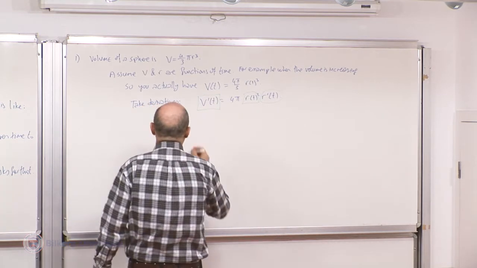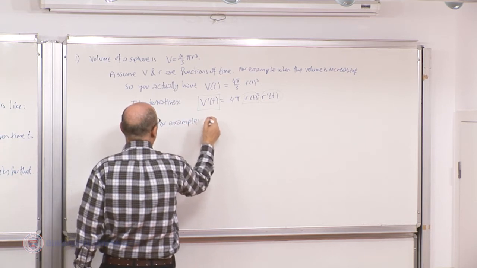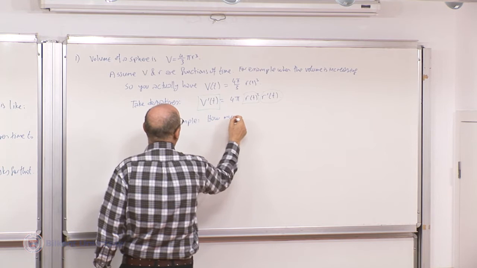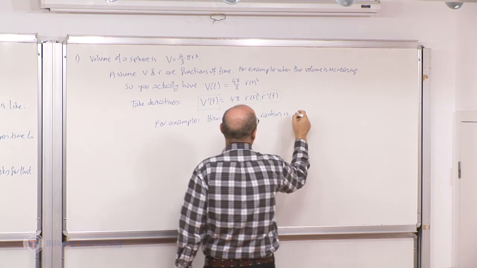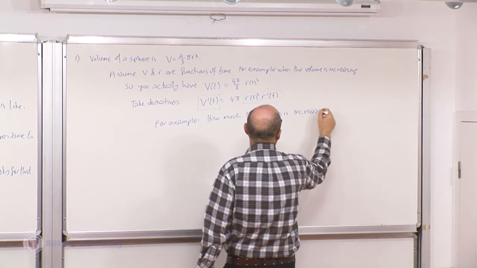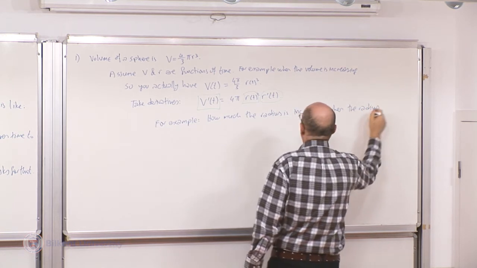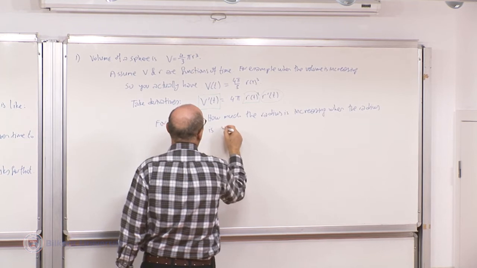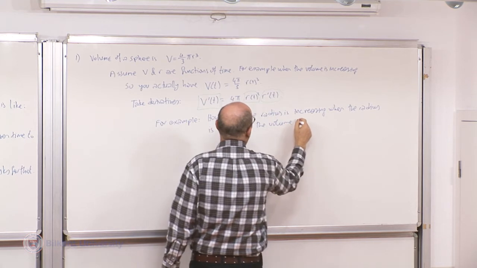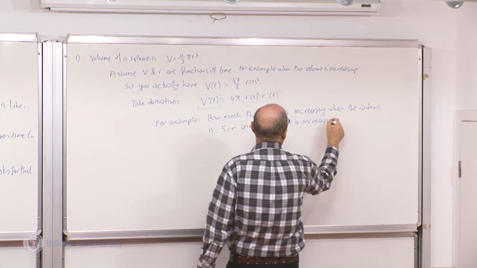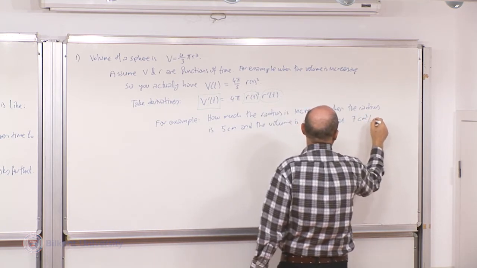So for example, how much the radius is increasing when the radius is, I don't know, 5 centimeter and the volume is increasing at 7 centimeter cube per minute.